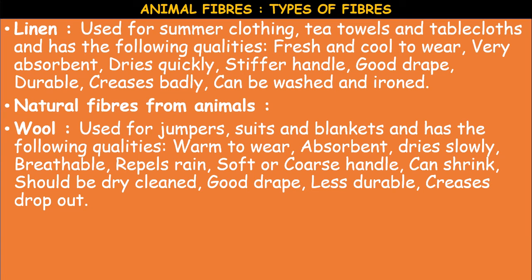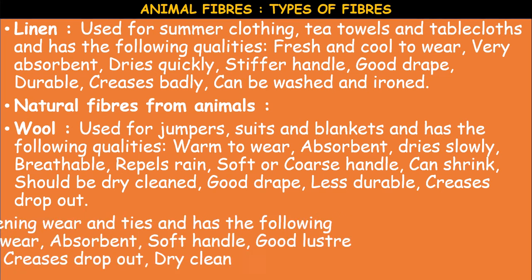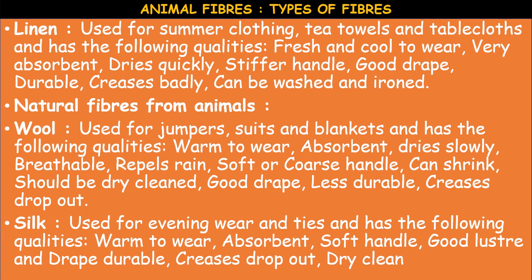Wool has the following qualities: warm to wear, absorbent, dries slowly, breathable, repels rain, soft or coarse handle, can shrink, should be dry cleaned, good drape, less durable, creases drop out. Okay, these are the qualities of linen cloth, qualities of the wool.